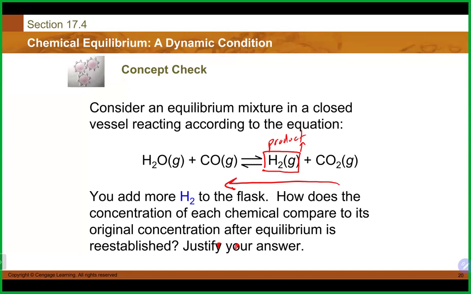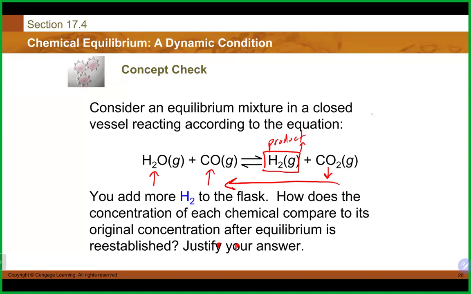Again, you have more products than you do reactants, so it's going to head from products back to reactants in this case. The result is that you're going to be making more reactants because it's heading in that direction. We would expect to see the water's concentration increase, also the CO's concentration increase. Once again, the CO2 is needed to react with the H2 to make those reactants.